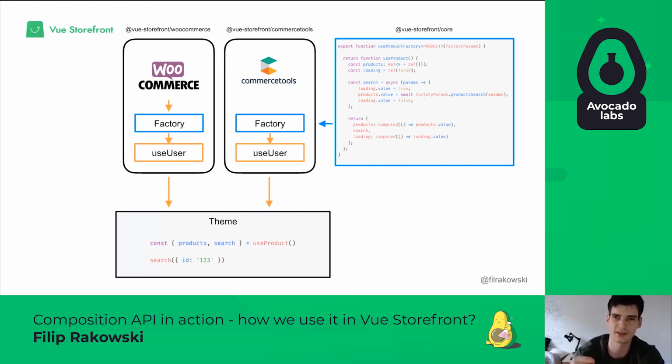We're just invoking this, passing the product type for a specific platform, so we have better auto suggestions, but also passing factory params. And if you take a look at the right side, product.value is awaiting a function from factory params. This function is responsible for fetching the product data for a specific platform. So that way we can also write Composition API functions that are sharing the logic, but are also customizable.